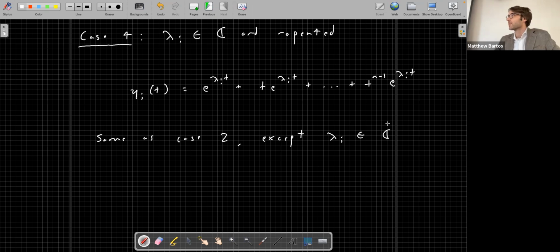Okay, so that's essentially all the information you need to know what the response of an LTI system is going to be like. It's completely determined by the roots. Oh, I should note that this is for the homogeneous case only. We'll get to the case of inputs in the next class. But for the homogeneous response, it will essentially be some combination of these 4 cases. Okay, any questions?